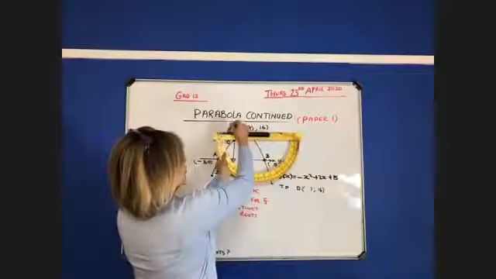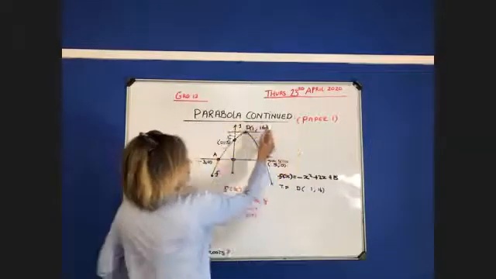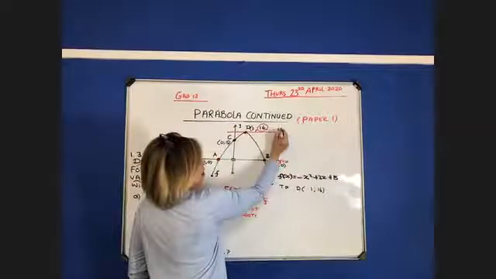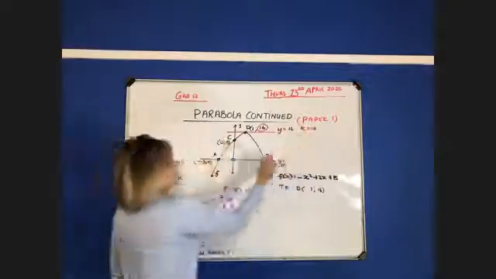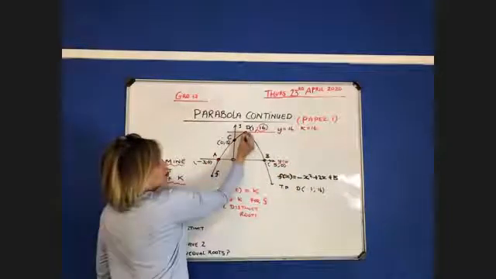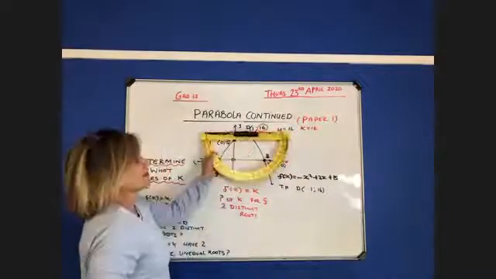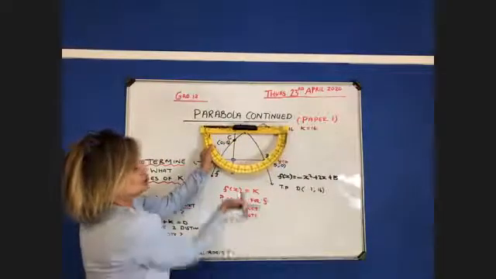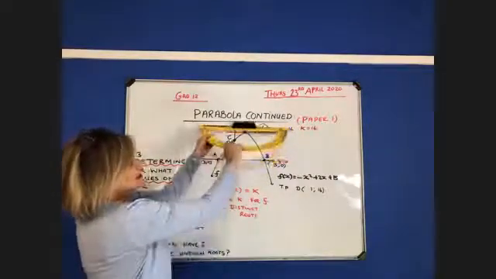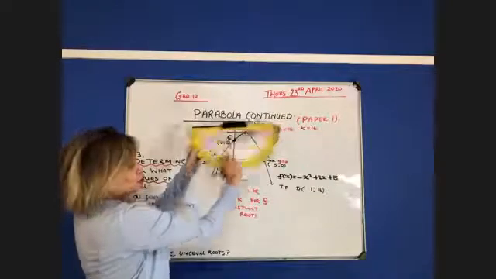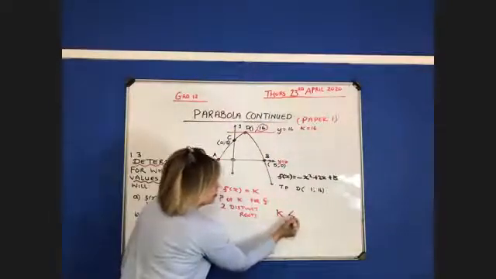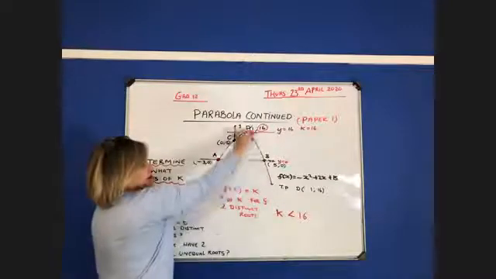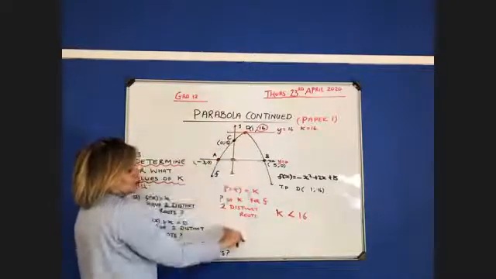But if we go as high as the maximum value where y equals 16, so k would equal 16, you can see then, and if we go higher than that, then my x-axis, which I'm raising, wouldn't touch the parabola. So your answer for this would just be k must be smaller than 16. K must be any value smaller than 16.